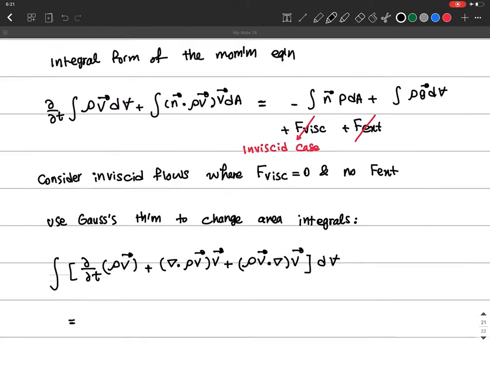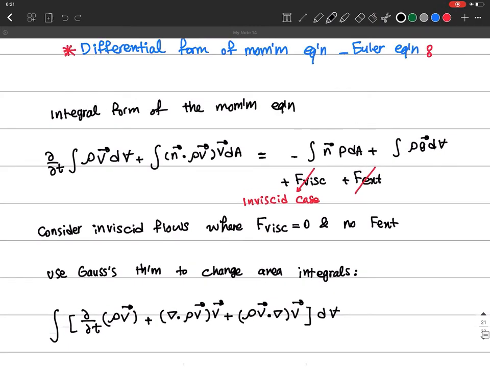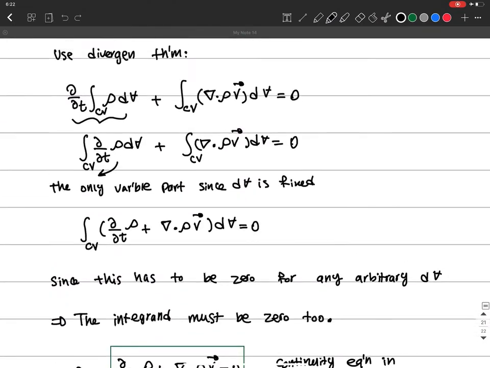And then this equals what? We had it before, so let me write it down.